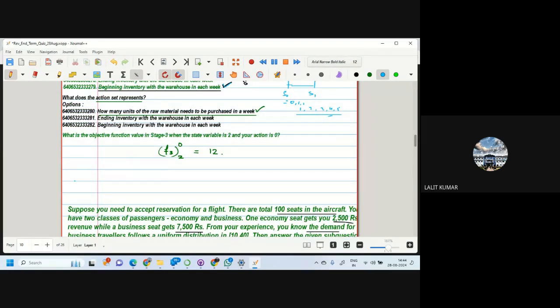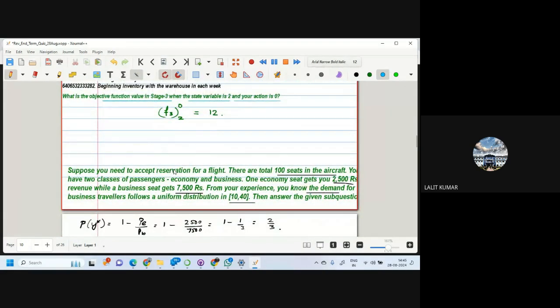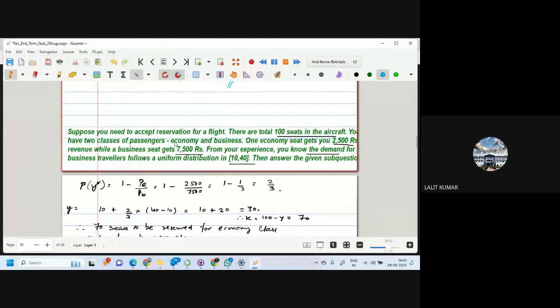What is the objective function value in stage 3 when the state variable is 2 and your action is 0? So this is F32(0) basically, and we had calculated it was 12. I advise everyone to solve this question once or twice, and then you can do it under 10 minutes easily.